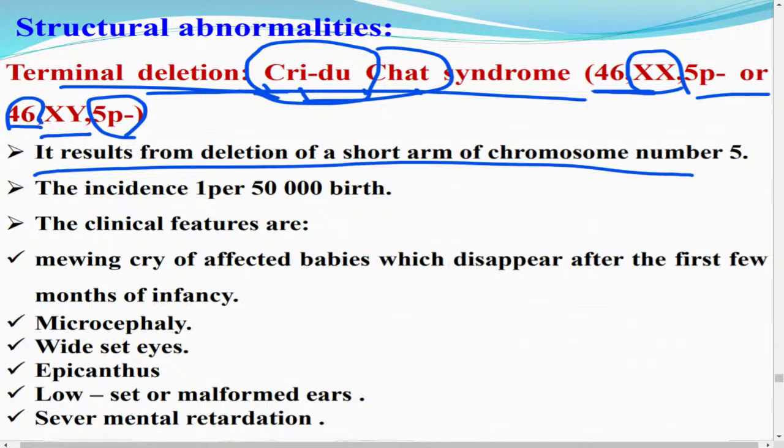It results from deletion of the short arm of chromosome number 5. This is an important number here.